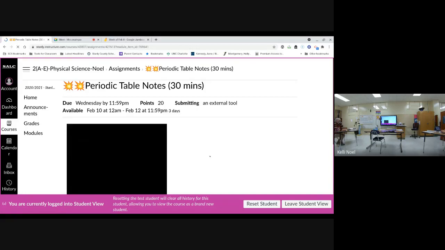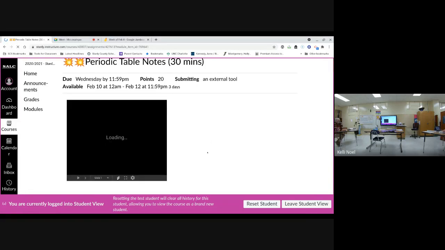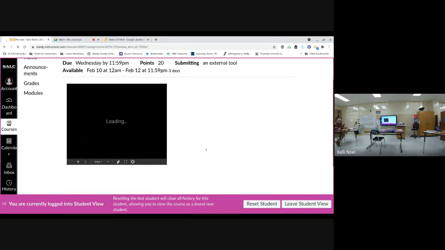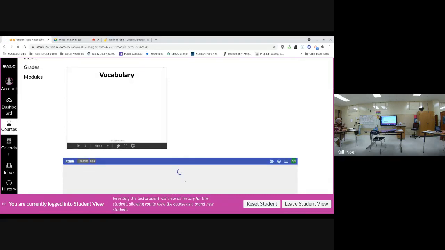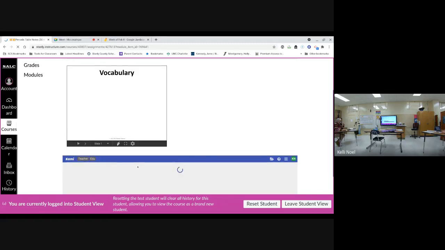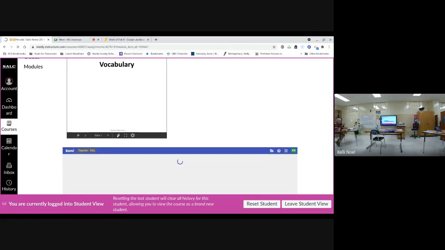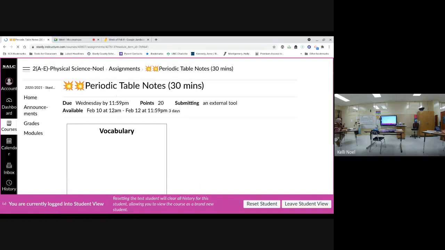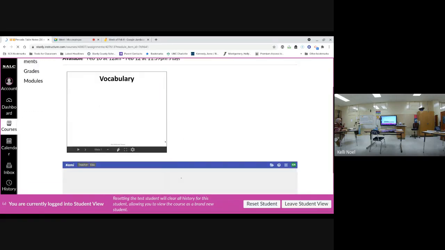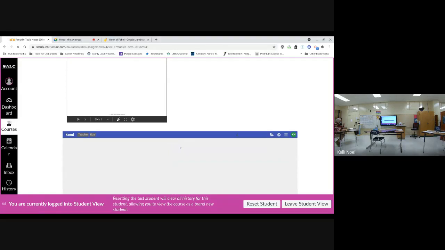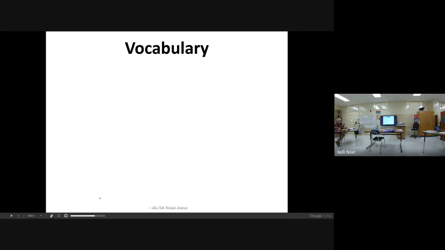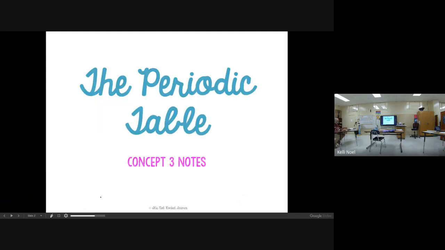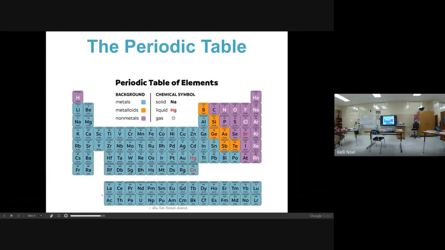If you're going to do the paper notes, you can go ahead and submit a blank copy, or you can type along in here as we go, whichever you prefer. If you're going to fill it out on paper, go ahead and click submit here, and then we'll get started. Like I said, you may want your periodic table out as well.